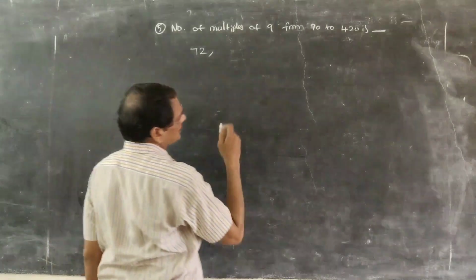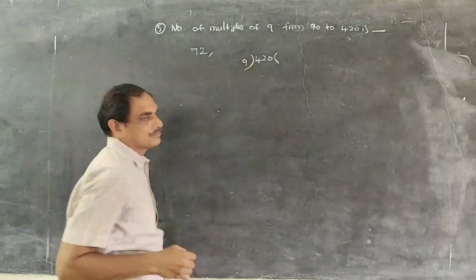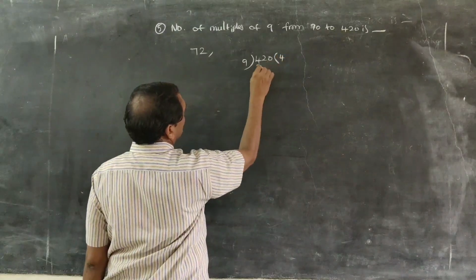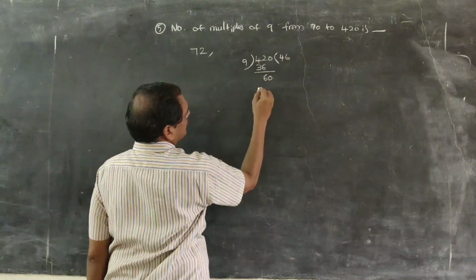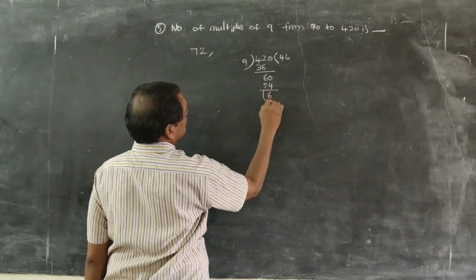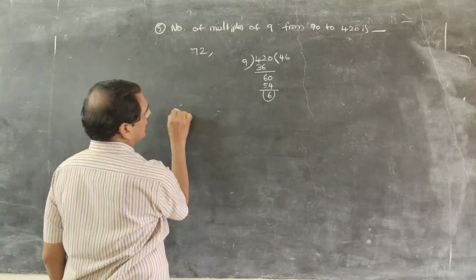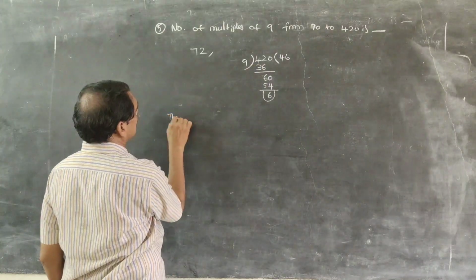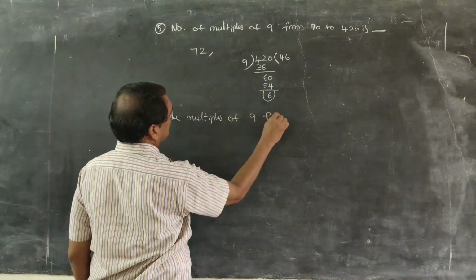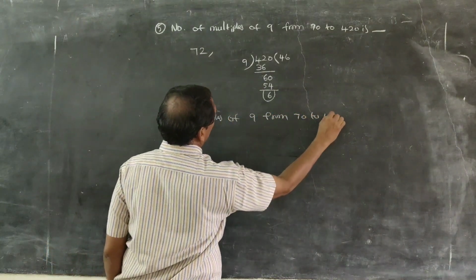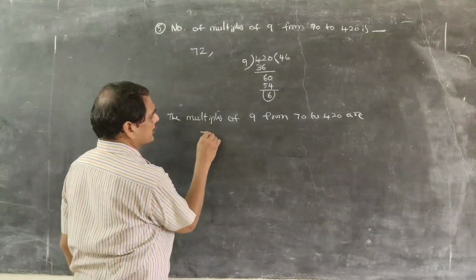So we find the greatest multiple of 9 before 420. 9 fours, 36, 60. 9 sixes, 54. So 6 is the remainder. Now the multiples of 9 from 70 to 420 are: the first multiple after 70 is 72.